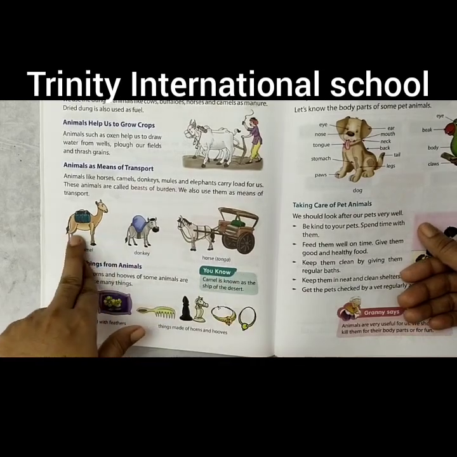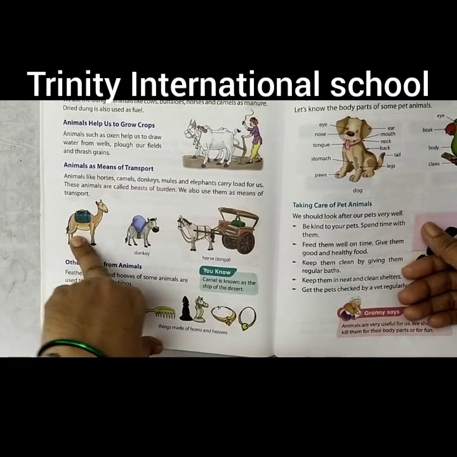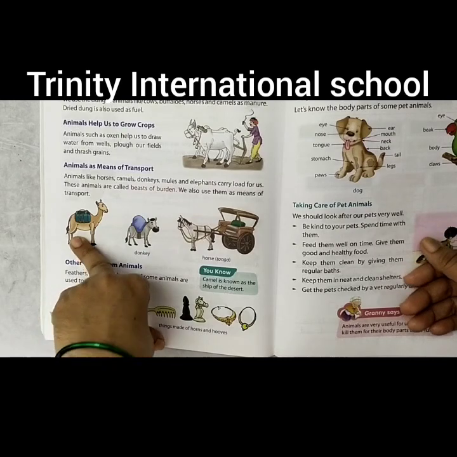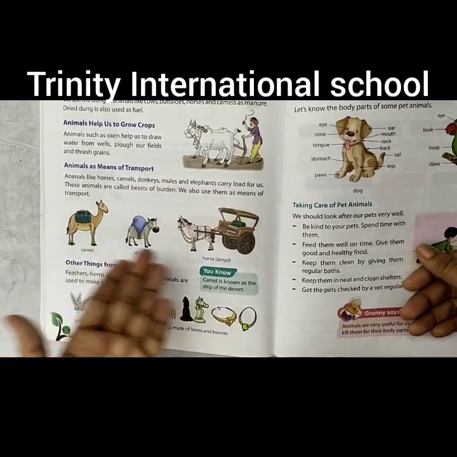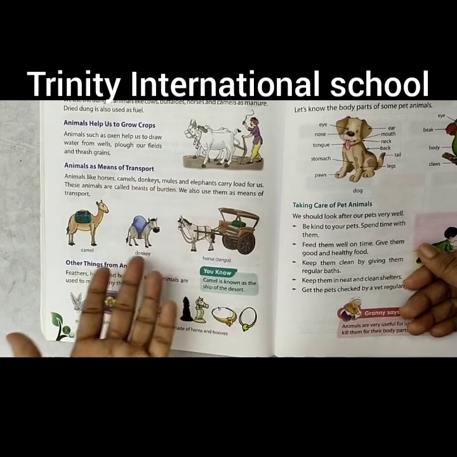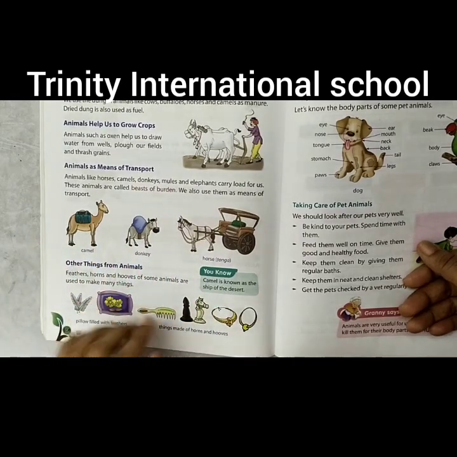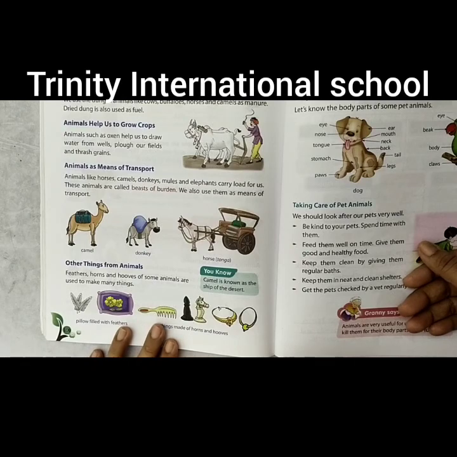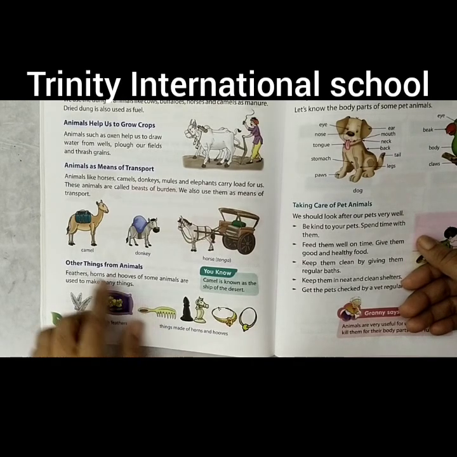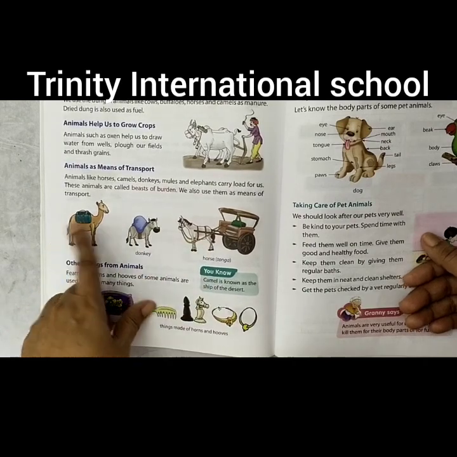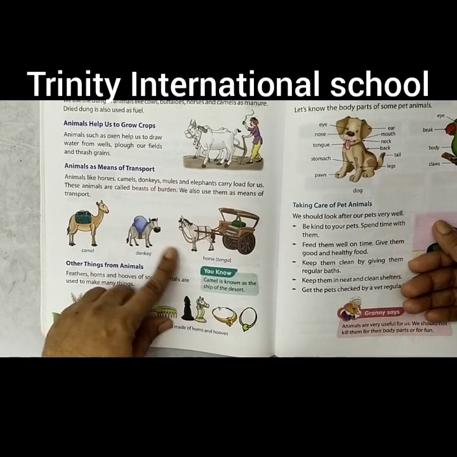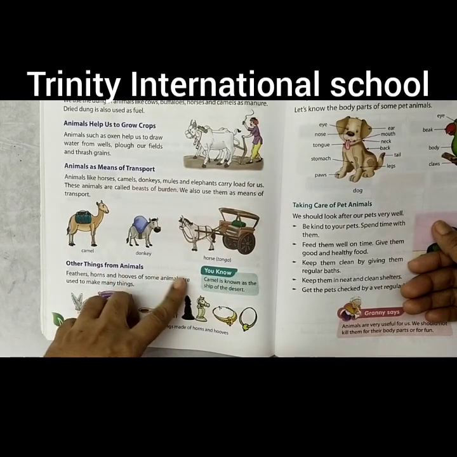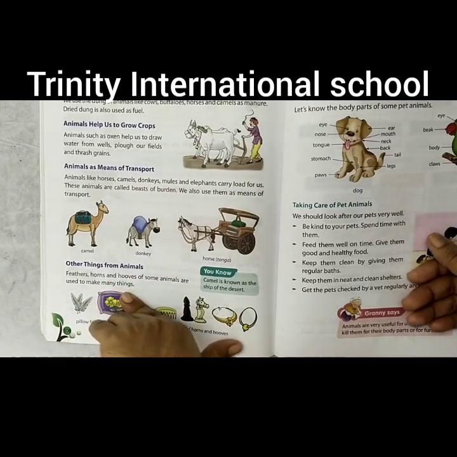Then in your desert area, camels are also used to travel from one place to another place. Then camels, donkeys, horses, elephants, all these animals are used to carry loads as well. तो ये एनिमल्स को हम लोड कैरी करने के लिए भी यूज़ करते हैं.